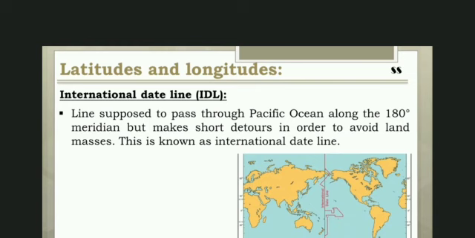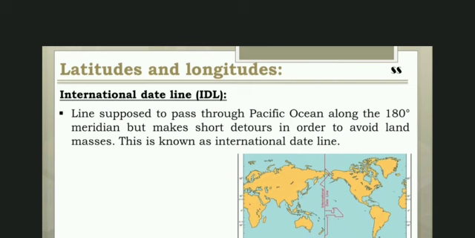Large countries like Russia, USA, Canada and Australia have vast longitudinal extent. Therefore, they have different time zones. Russia has 11 time zones. USA and Canada have 5 time zones and Australia has only 3 time zones.